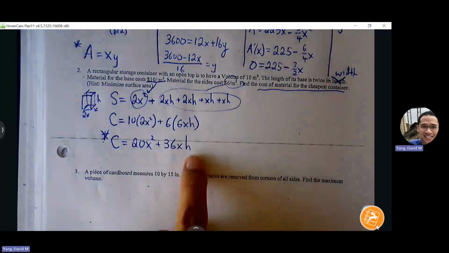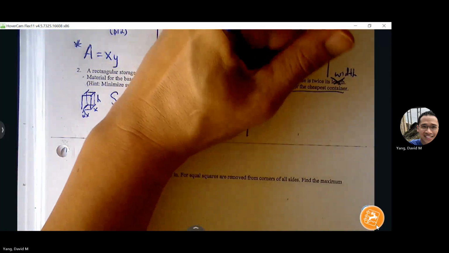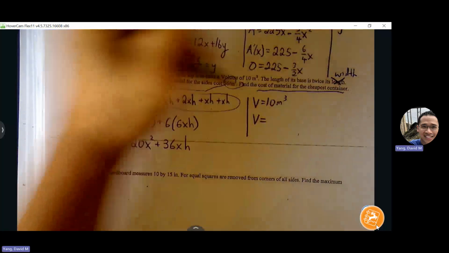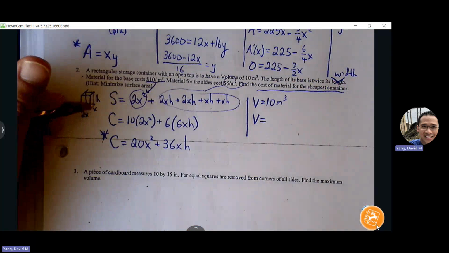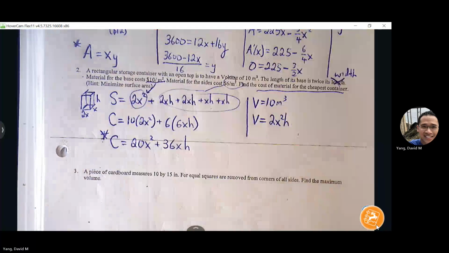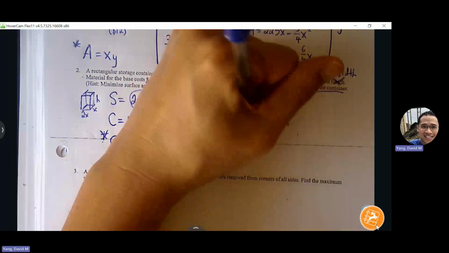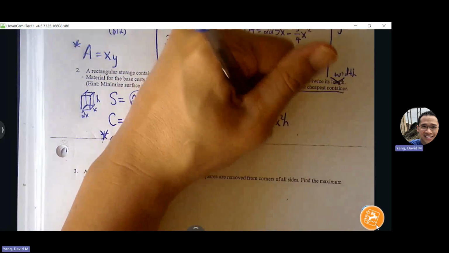Okay, but we need some help because we have a variable that's sticking out. So the volume equation will help us out there. We have volume is 10 cubic meters. Volume formula is 2x squared times h. Which variable would seem the easiest to solve for?